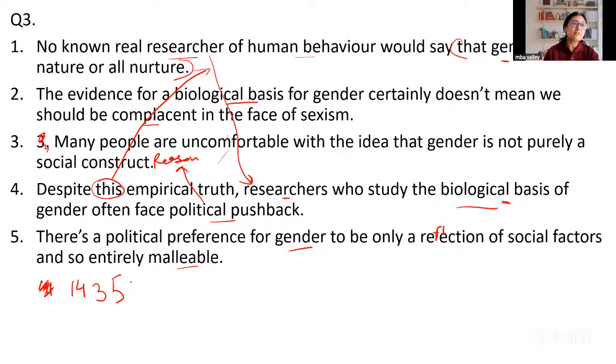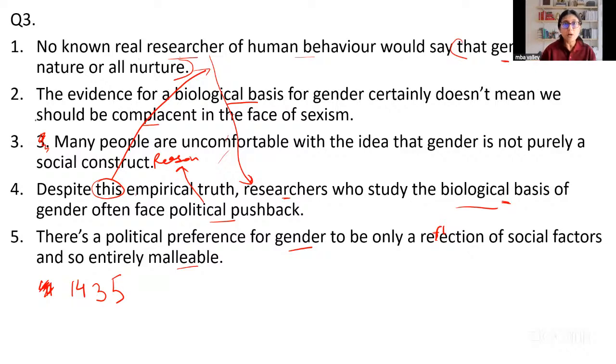Sentence number 5 connects to sentence number 3 by elaborating on the politics as purely a social construct, reinforcing the challenge faced by researchers, supporting for a more nuanced view of gender, right? So the sequence would be 1, 4, 3, 5.